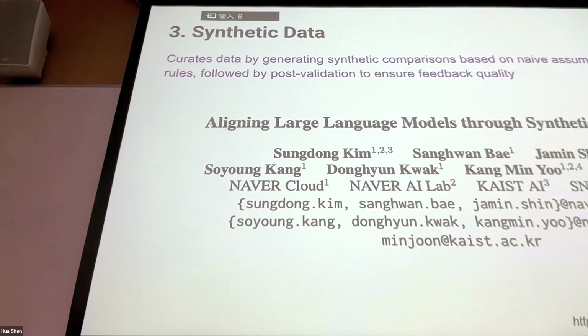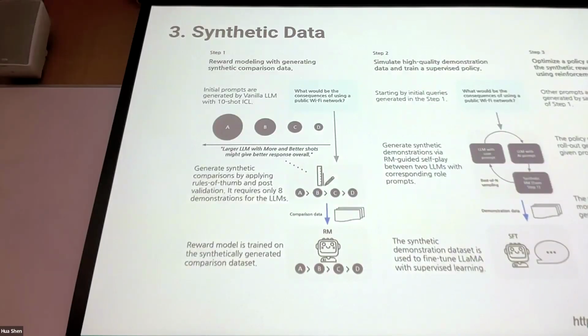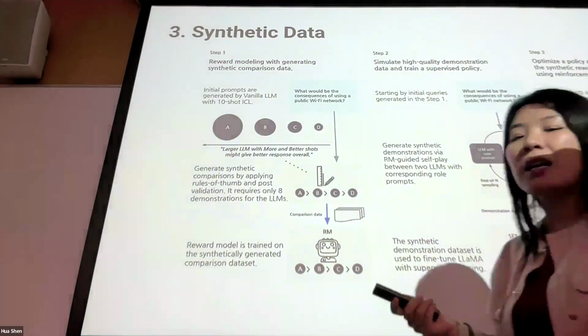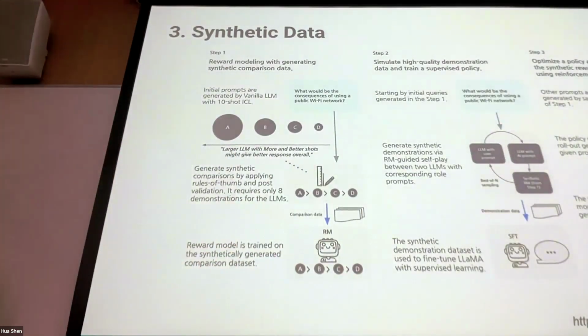So people nowadays are using LLMs to replace humans and generate better data. This paper shows how we could prompt different LLMs using different K-shot settings and generate the data, then conduct some filtering and validation, and then use the data to train a reward model on the synthetic comparisons. It basically redoes the ChatGPT paper but using AI to replace humans, which is also a good summary, published at EMNLP 2023.